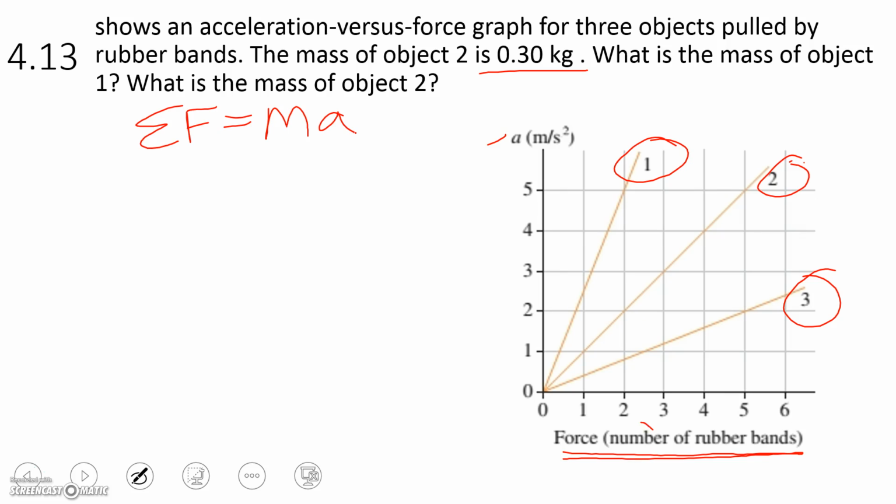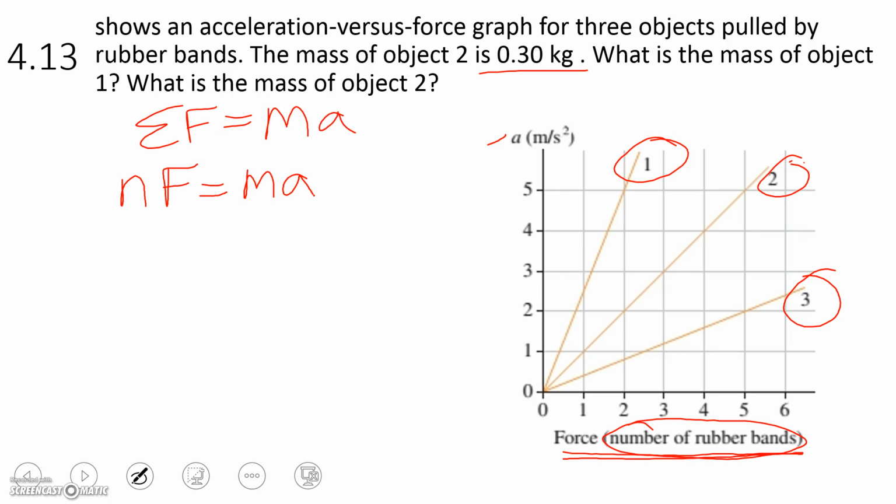Notice that this force isn't measured in newtons. It's measured in number of rubber bands. So for every rubber band, it increases its force. So I might replace the sigma with n, as the n, which is the number of rubber bands, goes up, the force is going to go up as well.